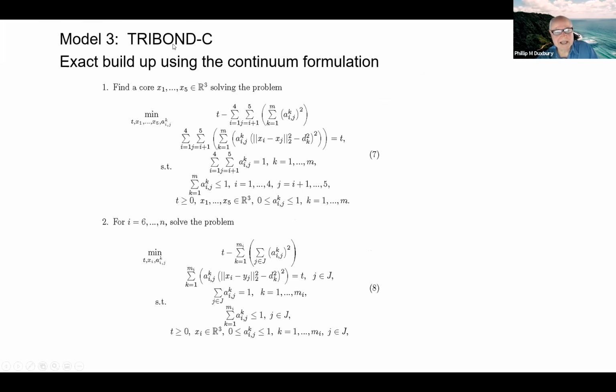So what we're calling now is TriBond-C, where this exact buildup that we were doing using k-lateration, we're basically using k-lateration again, but we're solving the combinatorial problem using this SIMP formulation. So it's the same thing, but now these sums are up to 5 atoms. And so this calculation here is the calculation where the core is found.